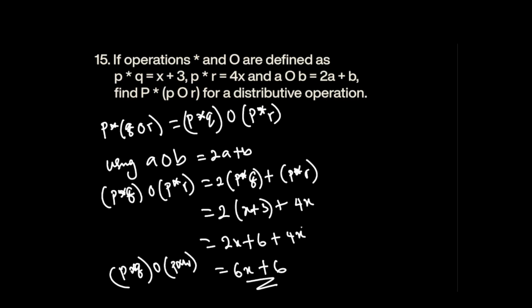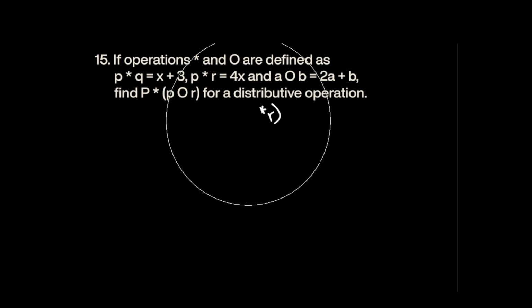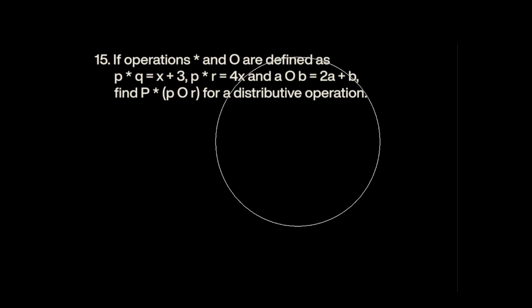I hope everybody gets this. So let's go to the very last part of today's class before we call it a day. The very last part of today's class is talking about operation properties.